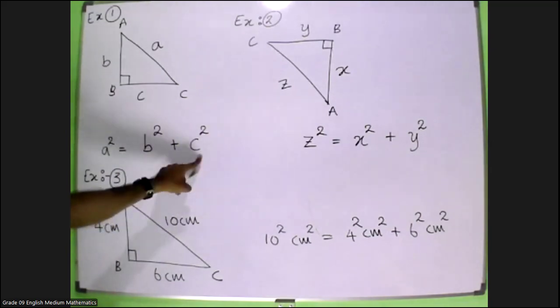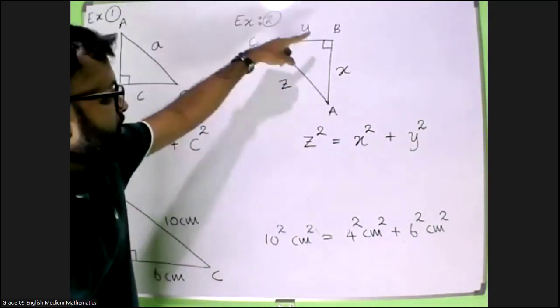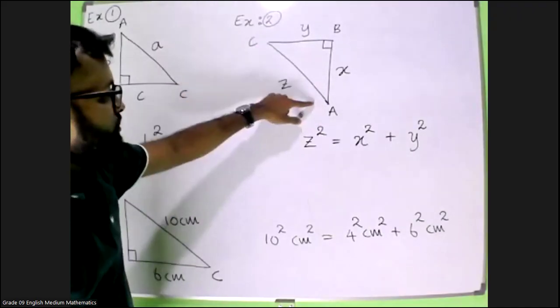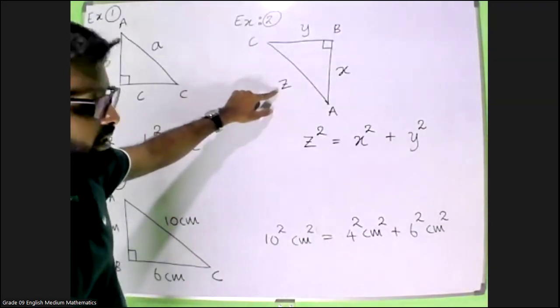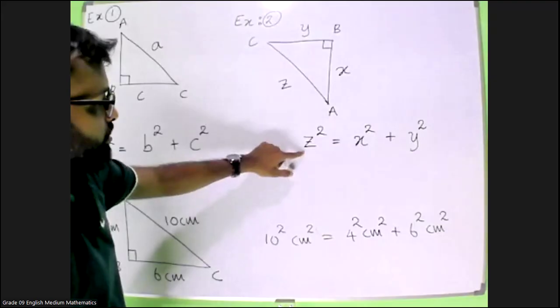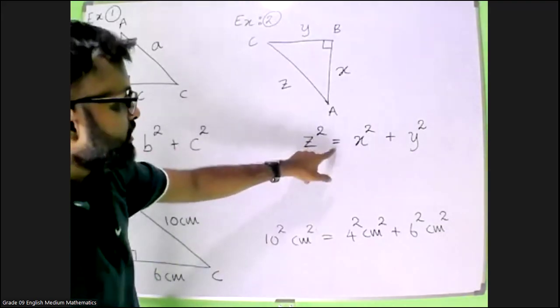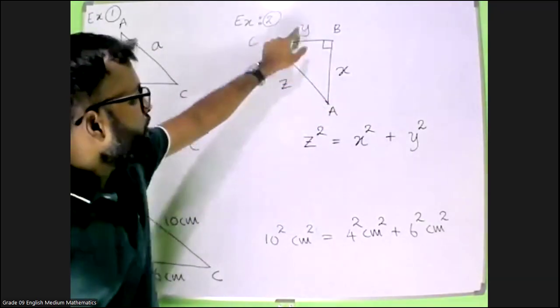And in this one, what is the hypotenuse? This one is the hypotenuse, so take Z square, which equals X square plus Y square.